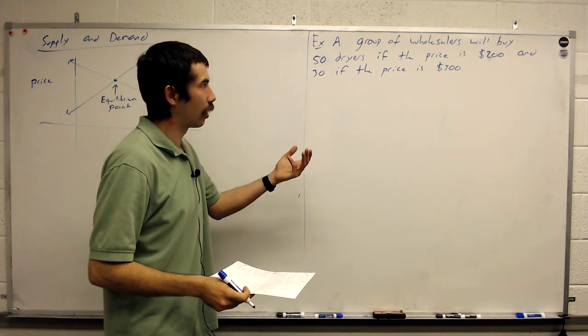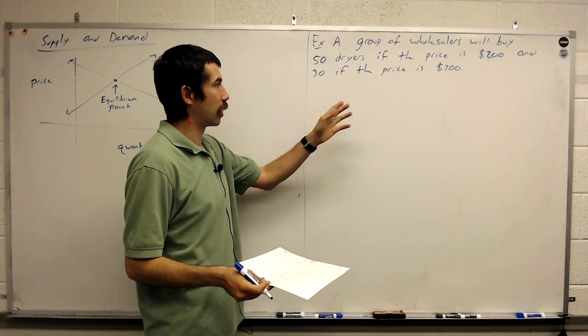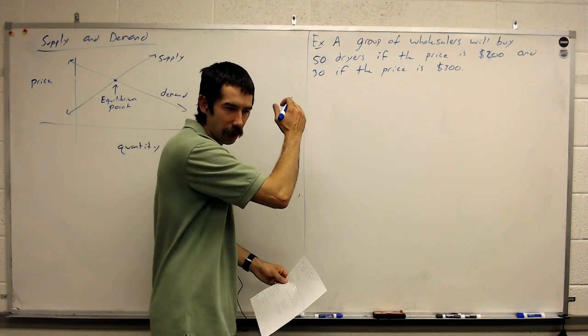This wholesaler is willing to buy 50 if the price is 200 and 30 if the price is 300. And we're assuming that there's going to be a linear relation.